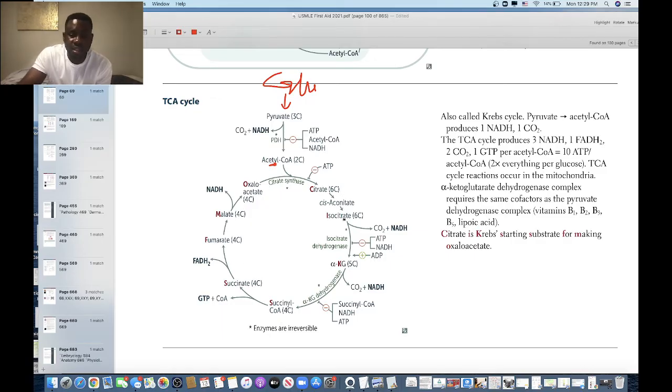Now, in each of the pathways, we start with 2 carbons here. So you can see they've written 2C. That's 2 carbons. Then we combine this 4 carbon with it, which is the oxaloacetate, to make citrate, which is a 6 carbon. Right. And now this 6 carbon will be converted into isocitrate.